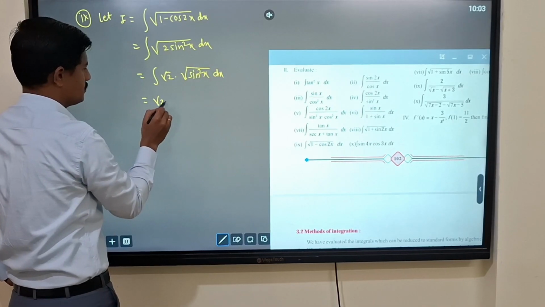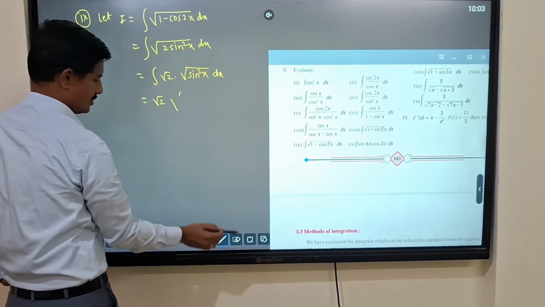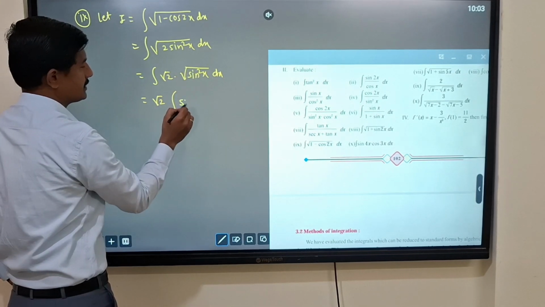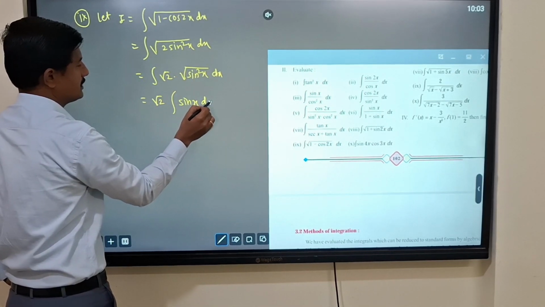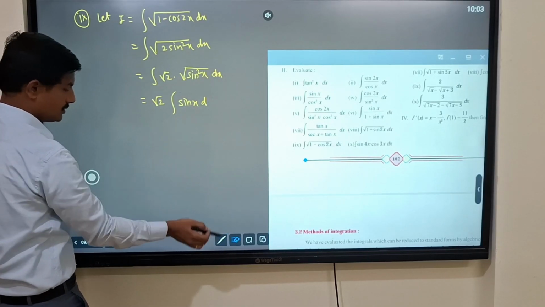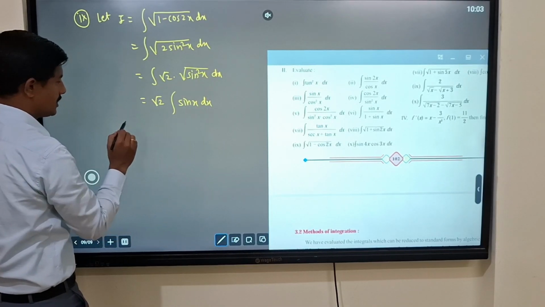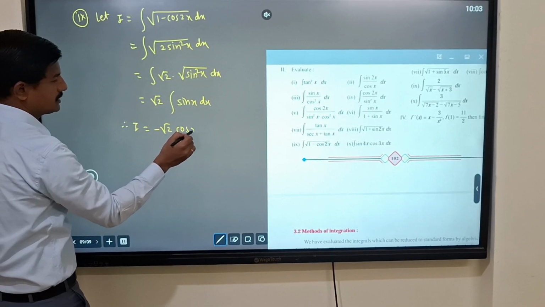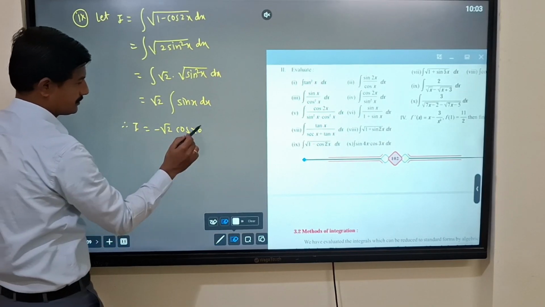The square root of 2 goes outside. Now the square and square root get cancelled, so this becomes sin x dx. The integration of sin x is minus cos x. So the answer becomes I equal to minus root 2 cos x plus c.